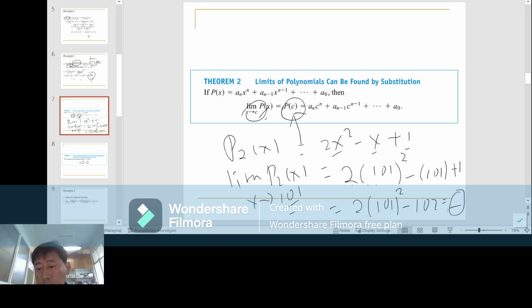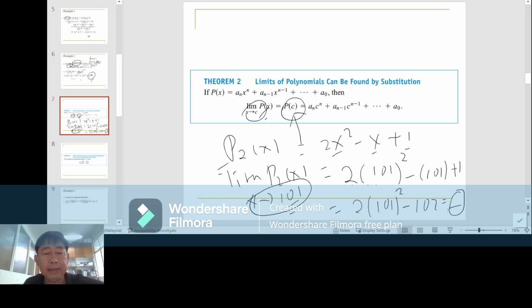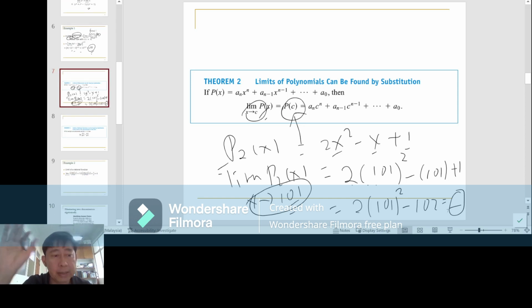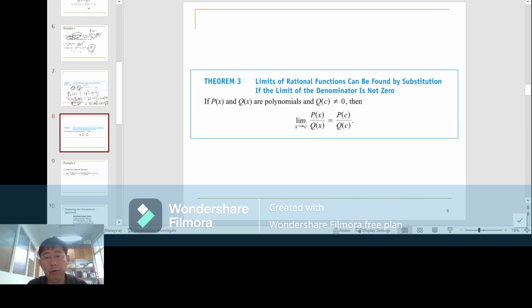So this will be the limit of this polynomial when x tends towards 101. So again, theorem 2 allows you to obtain the limit of a polynomial straightforwardly, right? You don't need to do any long calculation, you just slot in the value of x at the point c into the expression of the polynomial, then that is the result of your limit.